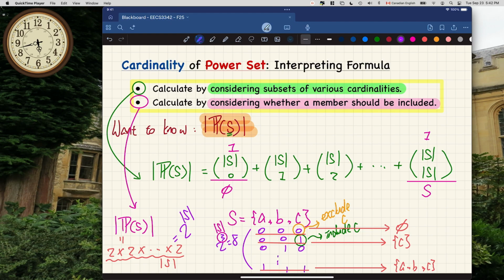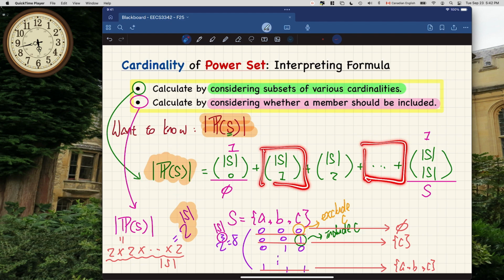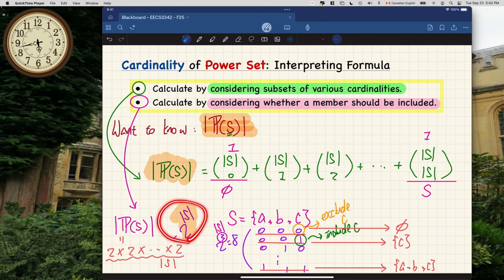So we got 2 options here. We got either option 1 or option 2. Again, option number 1 is very flexible. You can selectively choose certain terms to add them up together. And option number 2 is to really consider the whole cardinality.